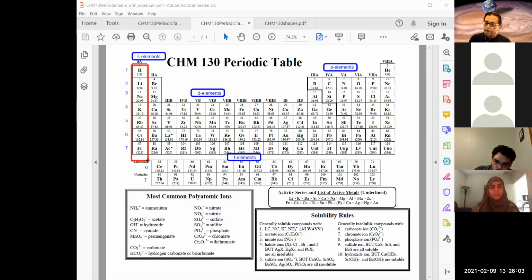So everybody in group 1, even hydrogen, all the way down to number 87, has 1 electron in the outermost shell. And because of that, they react very similarly. Everybody in group 2, the same thing. They have 2 electrons on the outermost shell.